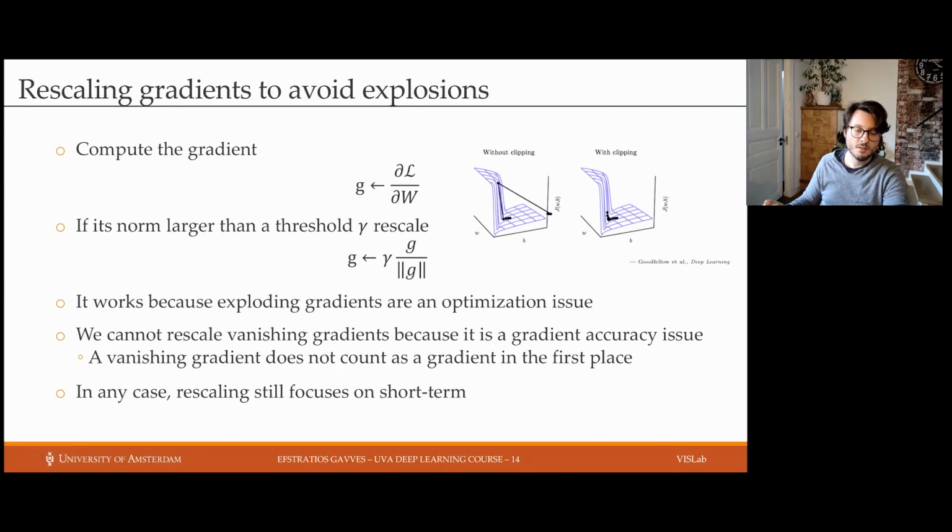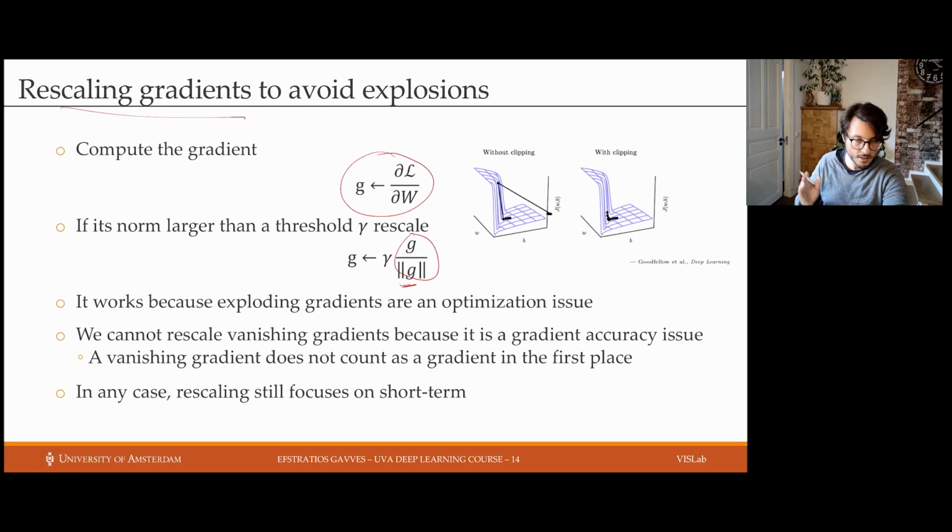Regarding the exploding gradients, one popular frequent solution is to rescale the gradients, which is very simple. You compute the gradient, then you take its unit version. Basically, you normalize it with its length.